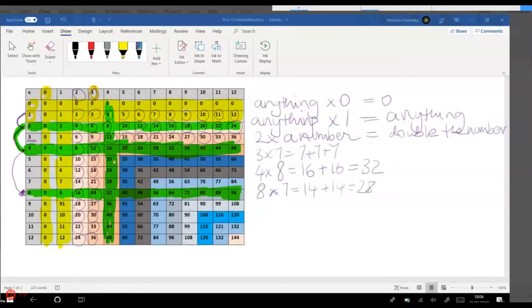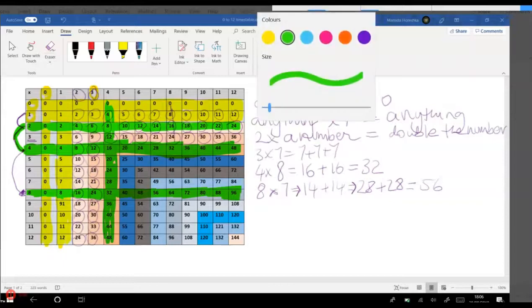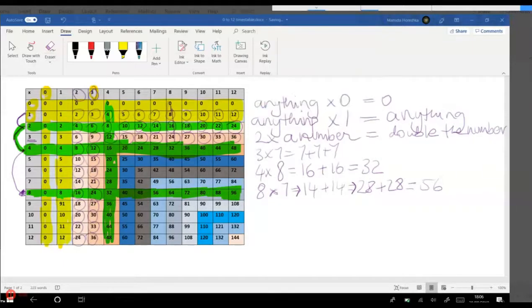So that gives me 4 lots of 7. All I need to do now to get to 8 lots of it is add another 28, and that is 56. So that's how we get there. And of course, this is going to repeat itself for the 8th column as well.